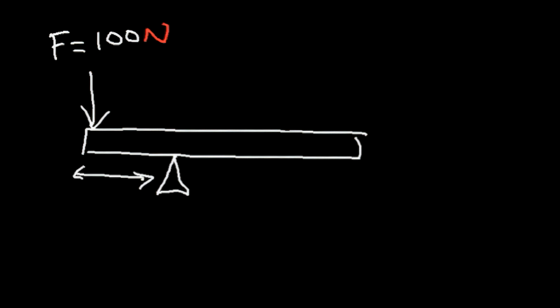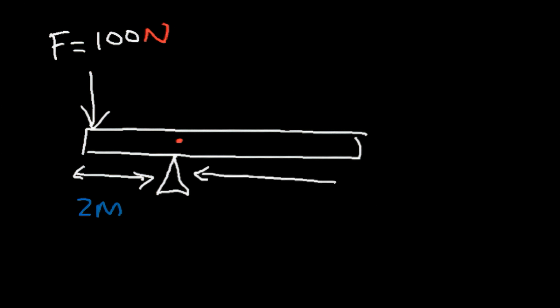Now let's say if we have a simple seesaw, and let's say the fulcrum is placed at that position, and let's say if we apply a downward force of 100 newtons at a distance of 2 meters from the axis of rotation, which is at this point.